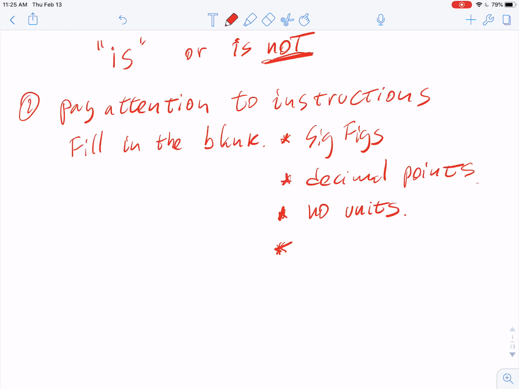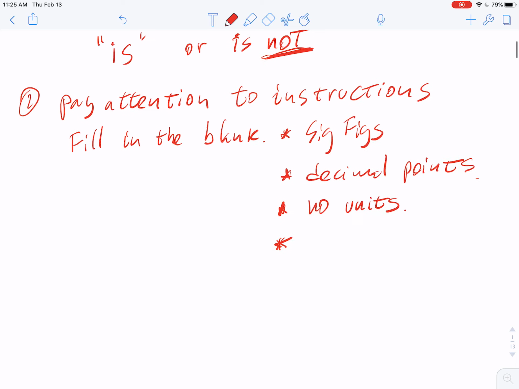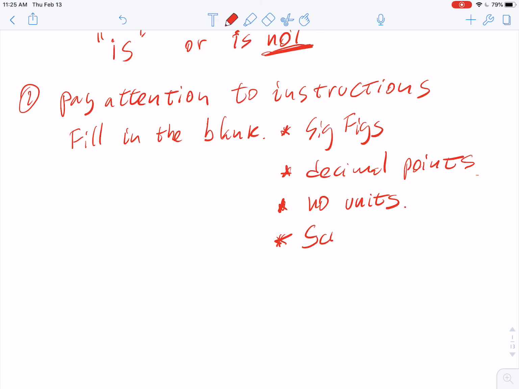Sometimes you also have to pay attention to whether you are supposed to use scientific notation or not. There are some questions that specifically say do not use scientific notation. So pay attention to those.